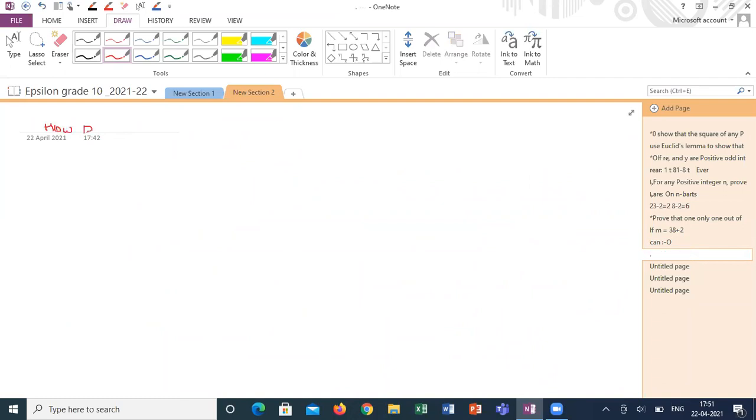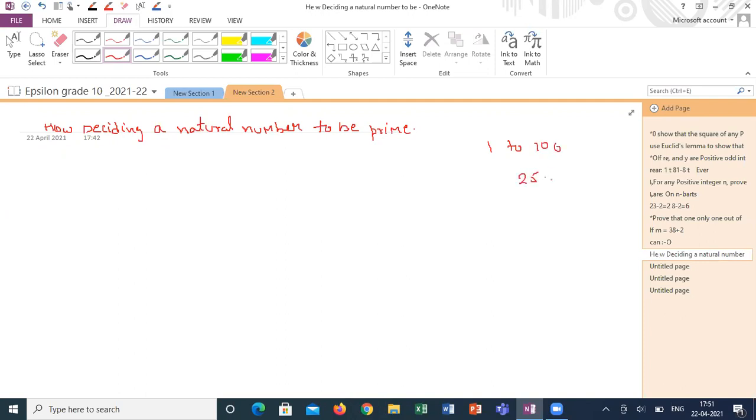Suppose I am giving numbers less than 100, it will be easy to say, because from 1 to 100 we have 25 primes. Can anyone give the numbers quickly?